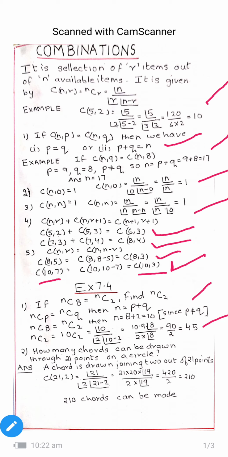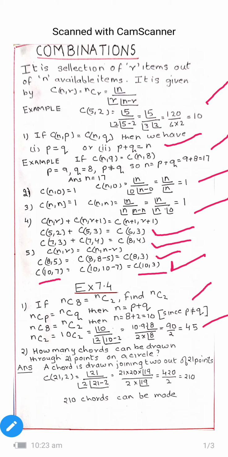How many chords can be drawn through all the points on a circle? A chord through 21 points on a circle. A chord is drawn joining 2 out of 21 points. So, how many chords can be drawn? 21C2. That is factorial 21 upon factorial 2, factorial (21 minus 2).